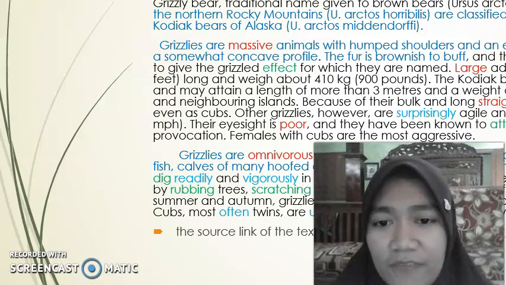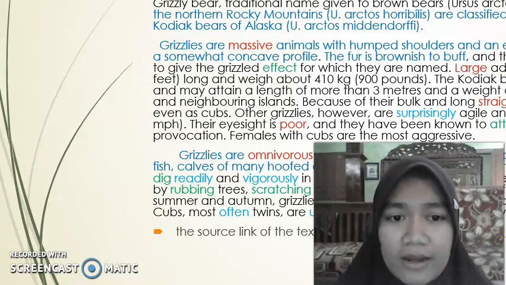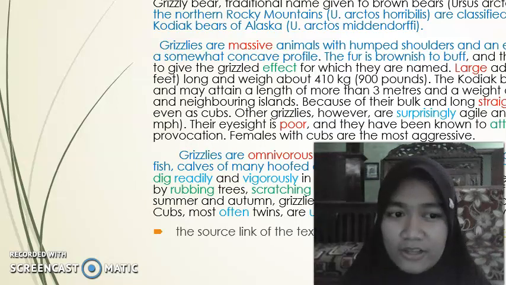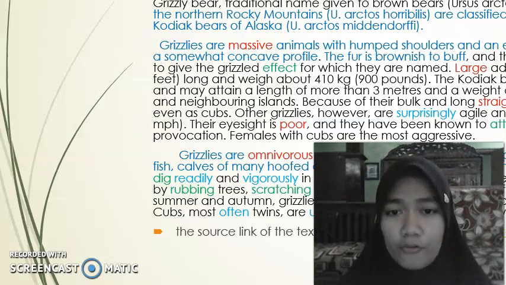Grizzlies are massive animals with humped shoulders and an elevated forehead that contributes to a somewhat concave profile. The fur is brownish to buff, and the hairs are usually silver or pale tipped to give the grizzled effect for which they are named.